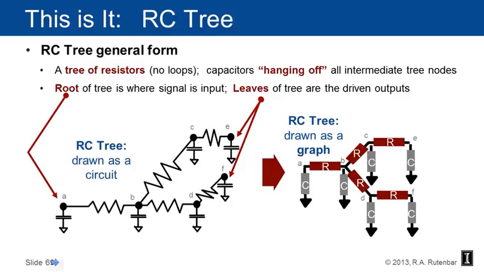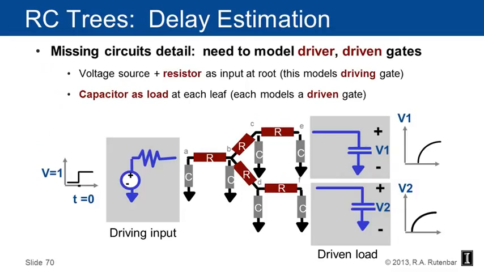So this looks a little less like a circuit and a little more like a graph, if that makes you feel more comfortable. There's two missing pieces of detail on the circuit side, which is that you have to model the driver and you have to model the driven gate. The thing in the middle of this diagram, the nodes A, B, C, D, E, F with resistors and capacitors, that's the wire.